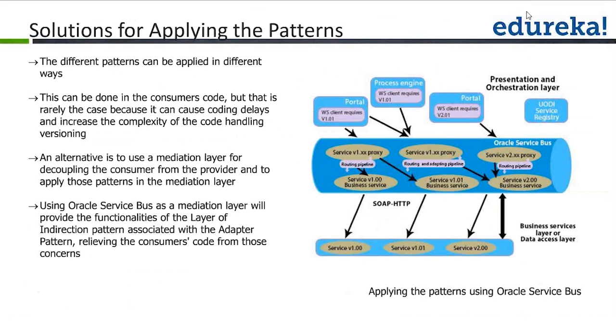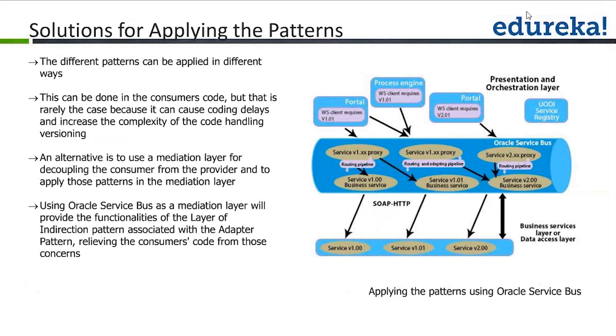ESB, I'll just repeat it one more time. Routing. Second, mediation. Third, orchestration. Fourth, data validation. And fifth, the binding, right?